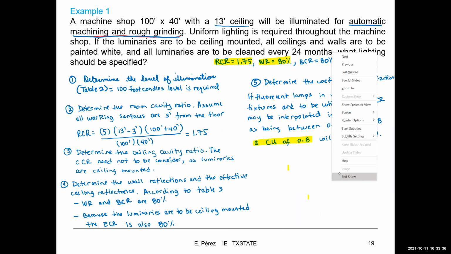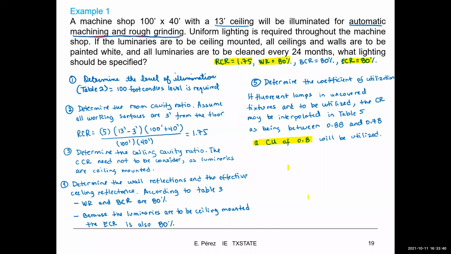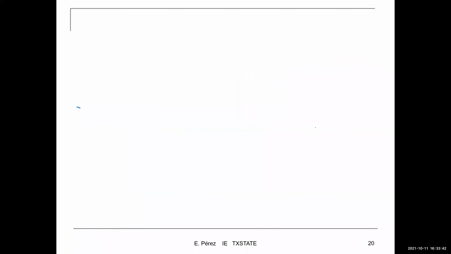So let's go to the next slide because I need more space. So step 6 is to determine the light loss factor.